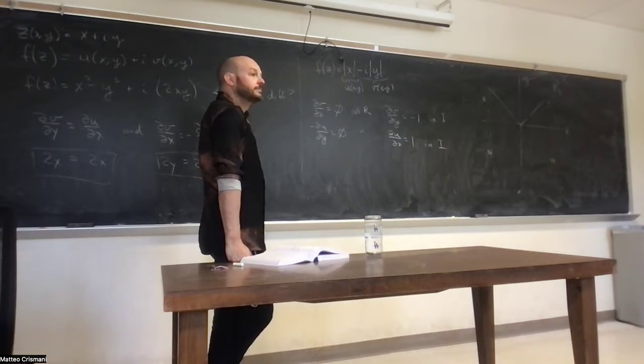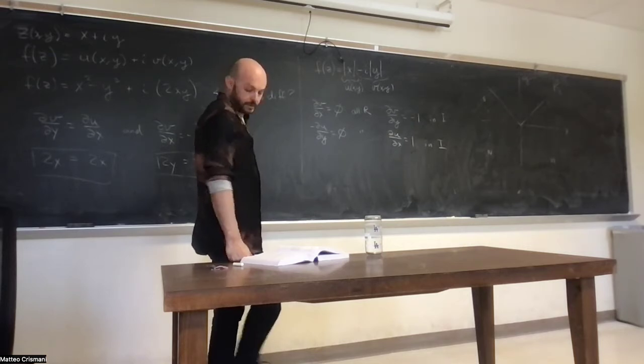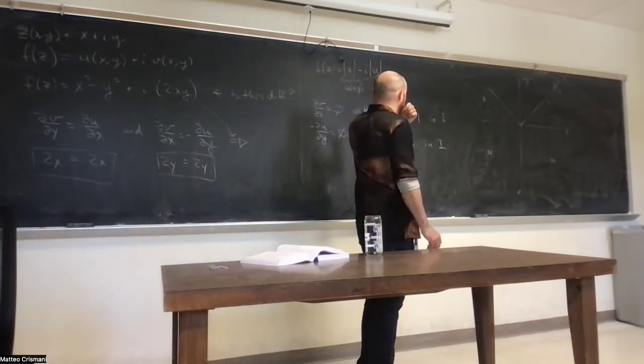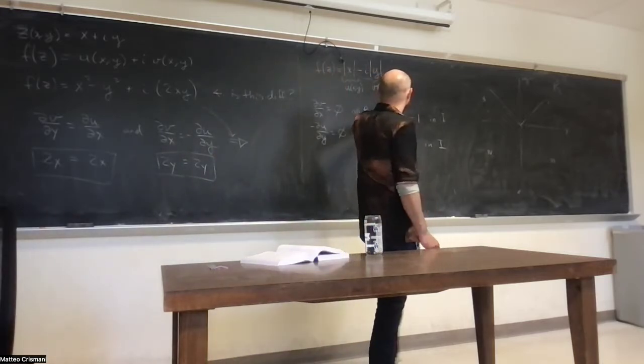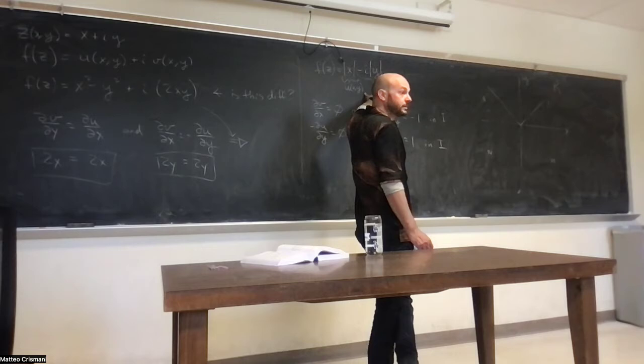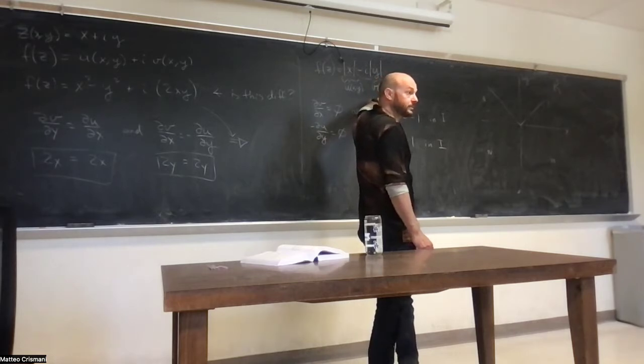Yeah, that's a good question. Do you draw it or no? Can I draw it? Well, so for this one here, let's look at this piece here. This is dv dy. This is minus the absolute value.